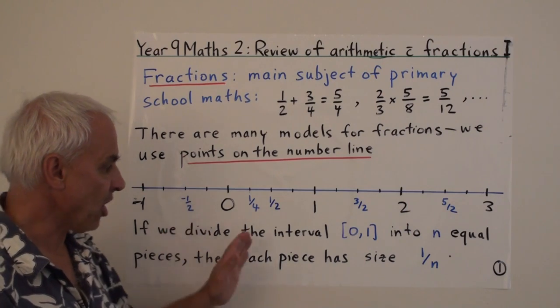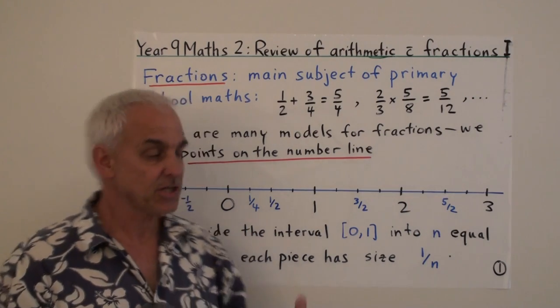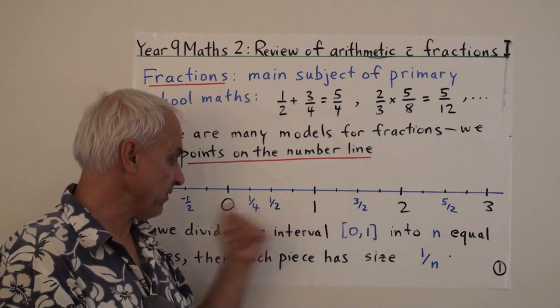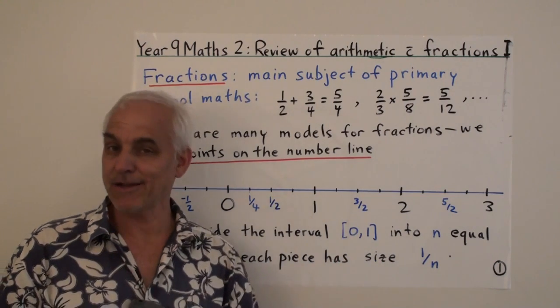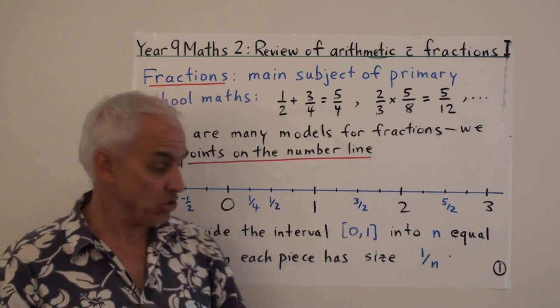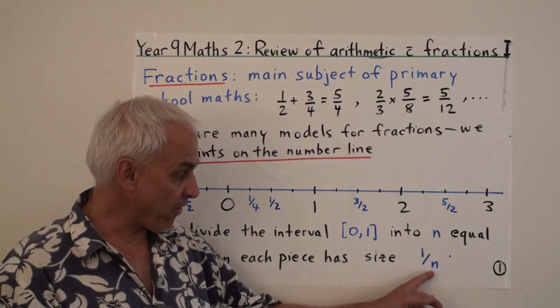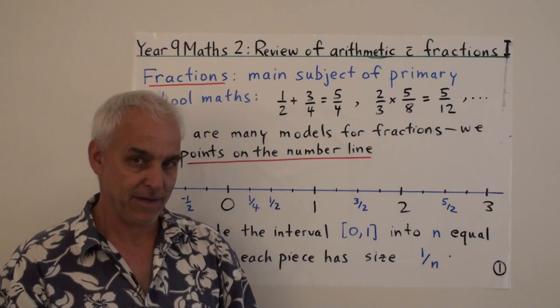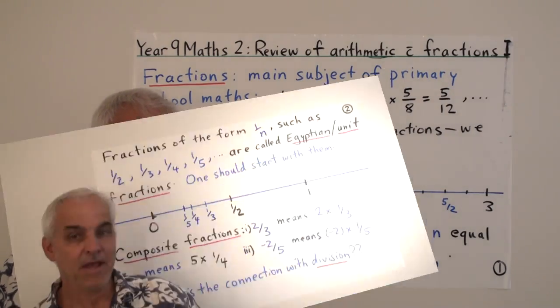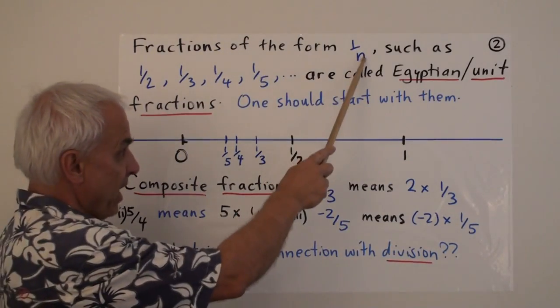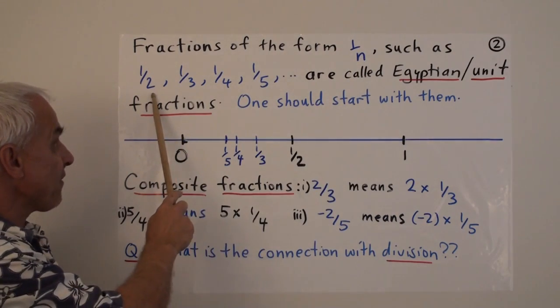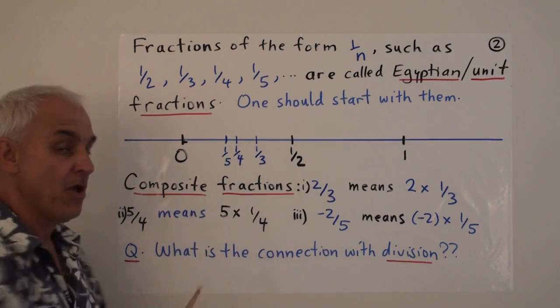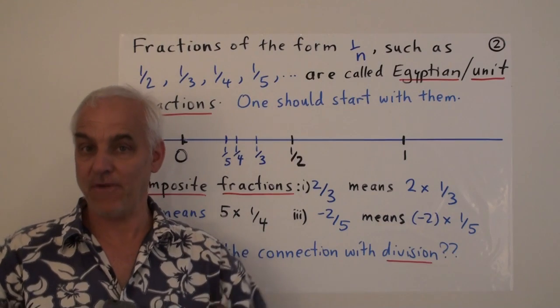That's a good place to start. Some simple fractions created from the interval 0, 1 just by subdividing it into n equal pieces. In general, we get the fraction 1/n, which we'll generally write with a slanted line there, at least at first. The fractions of the form 1/n, such as 1/2, 1/3, 1/4, 1/5, are the simplest kinds of fractions.